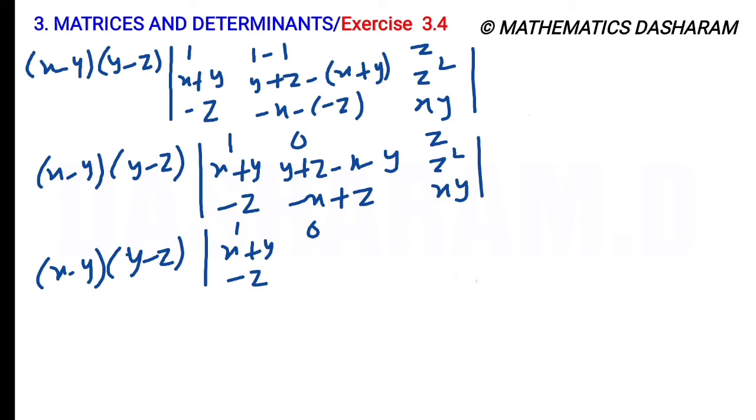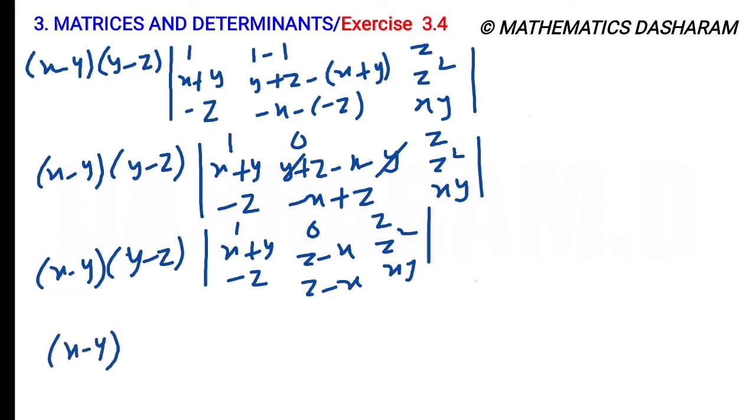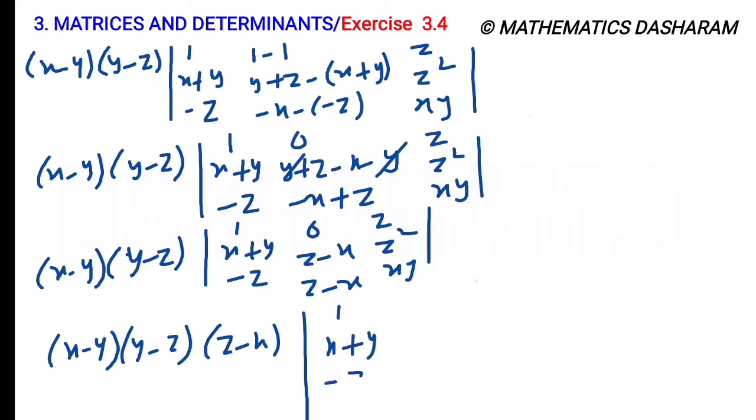So 0, here plus y minus y cancel, so z minus x, and here is z minus x, x to z square xy. So then x minus y into y minus z. So from the second column we can take the z minus x common. So then 1 x plus y minus z, here 0 1 1. So z square xy.